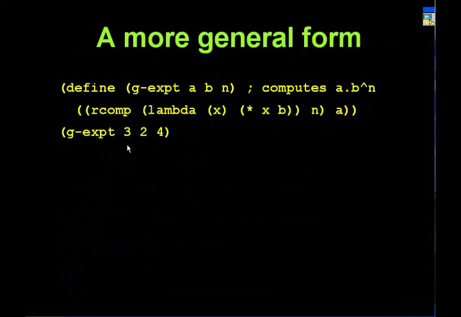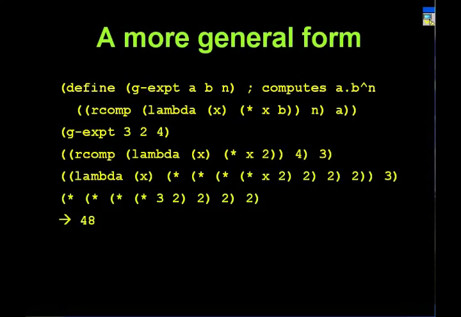If you have this form called expt a b to the n, then expt b to n will be expressed as what? expt 1 b n, right? So this will be equivalent to this. Are you clear? There's nothing special here. I'm just showing you some identities, equivalences.